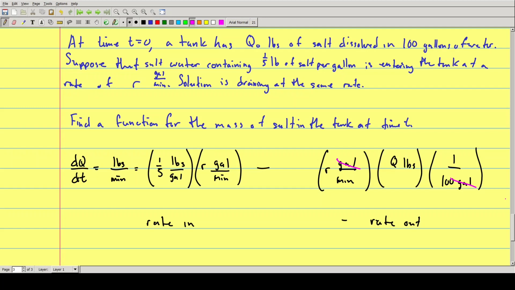So both of these are a concentration and a flow rate. Make sense? Okay. So I wanted to go through the unit analysis on this because it's important to know how to set these things up.